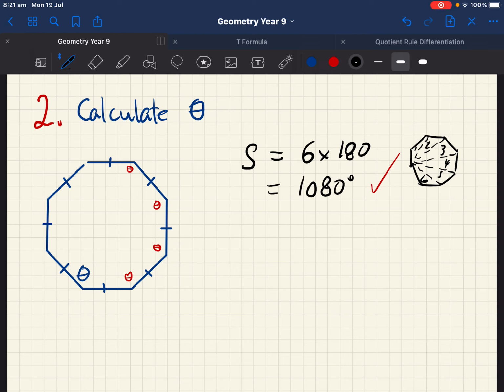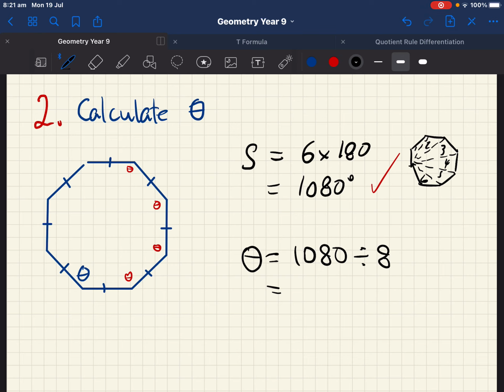Now to find the size of one of those angles, theta, again, just like we did in the first example, all of the angles add up to 1080 degrees. All the angles are equal. So to find the size of just one of them, we can just divide the angle sum by the number of angles, which ends up being 8.